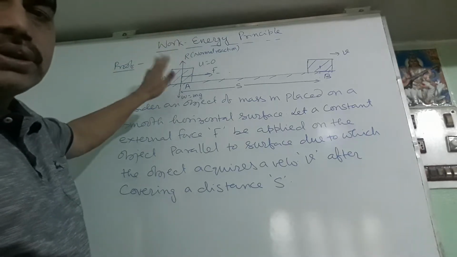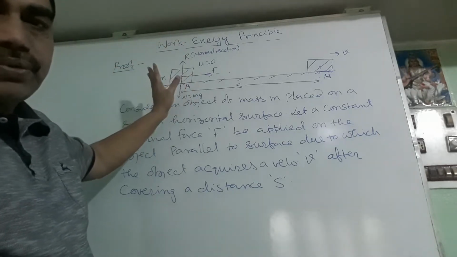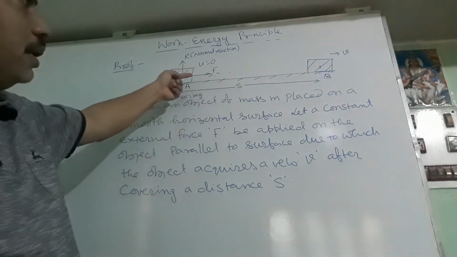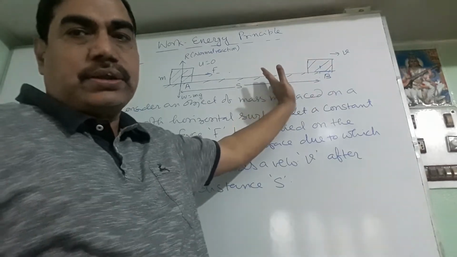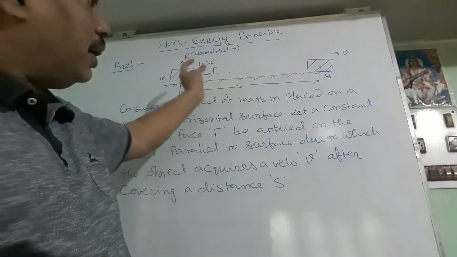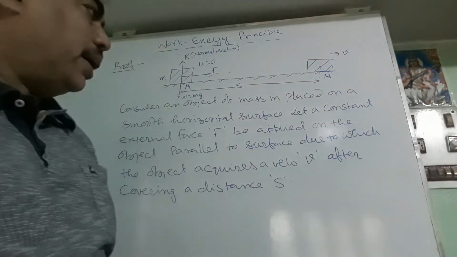Due to these two forces, no motion is produced. But this external force F is giving a constant acceleration, as the force is constant, so acceleration will also be constant, and it acquires a velocity v after covering a distance s.